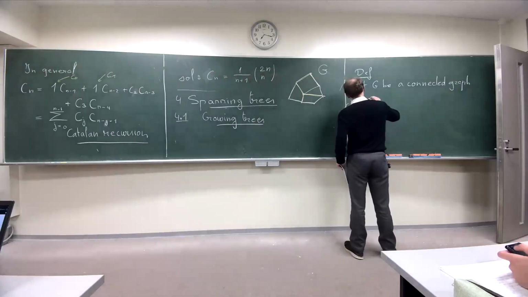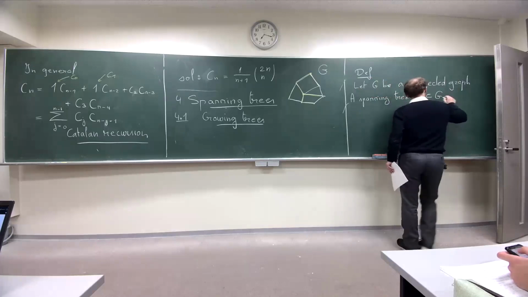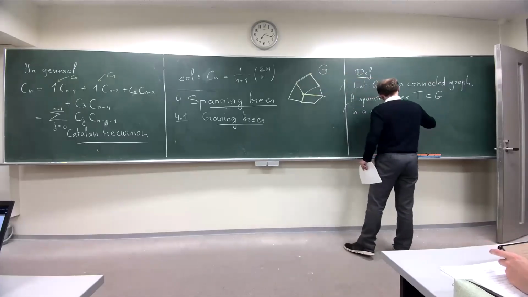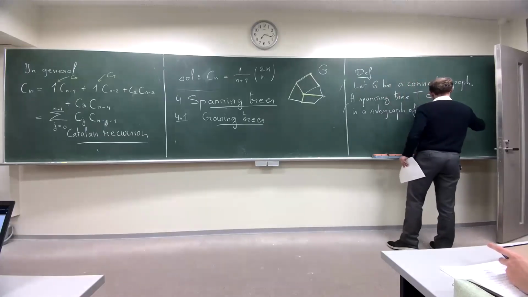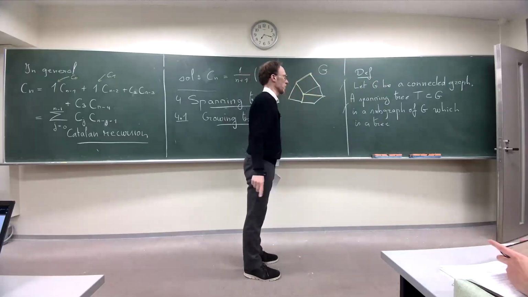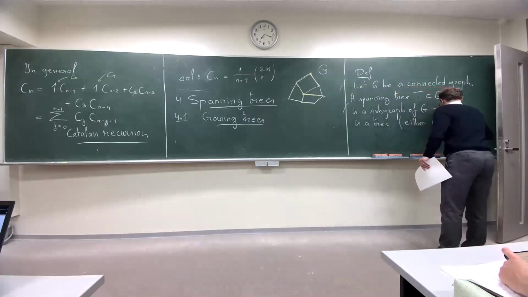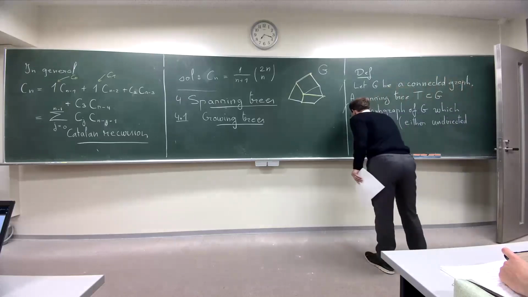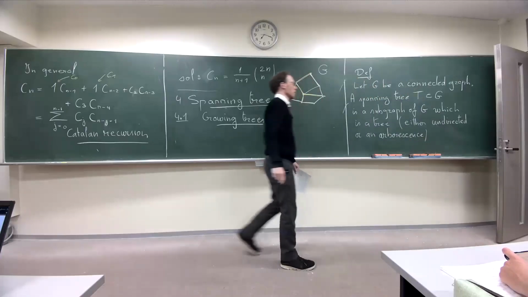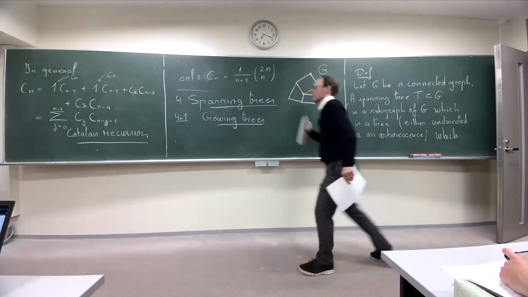A spanning tree T inside G is a subgraph of G which is a tree, and I have to be slightly more precise, either undirected, if we have no orientation, or an arborescence, if we have orientation, which contains all vertices.